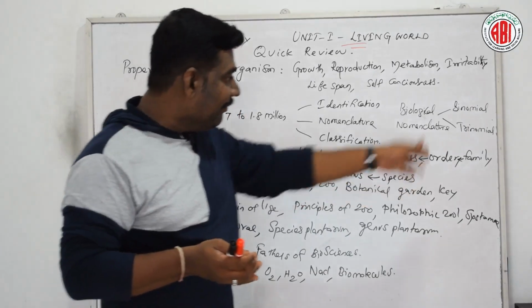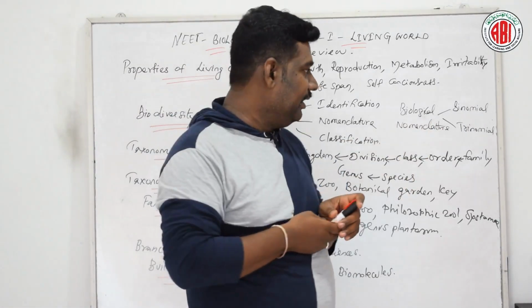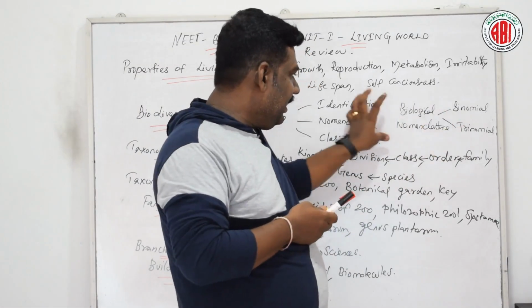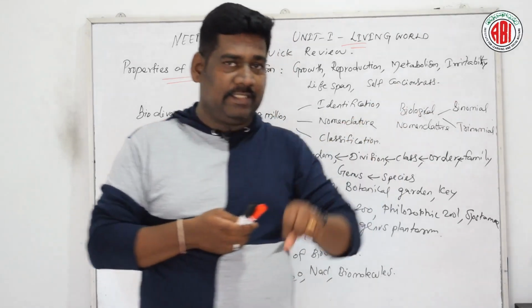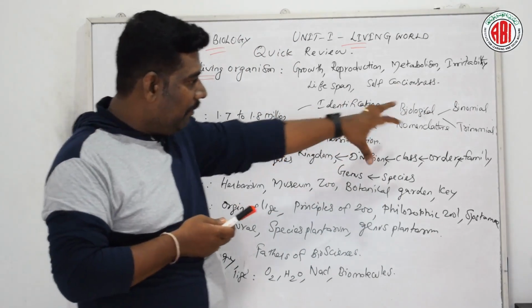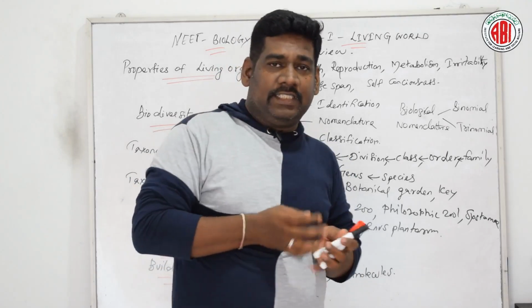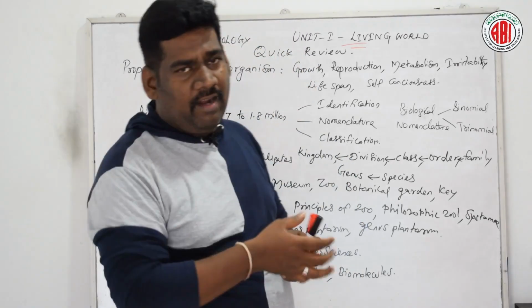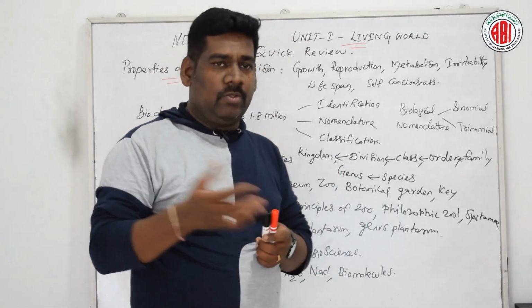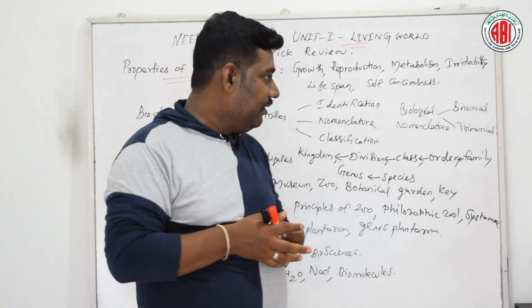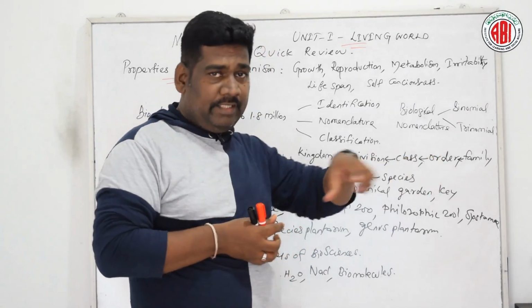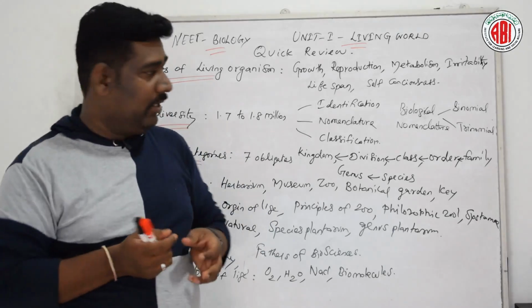When we are talking about systematics and taxonomy, the credit for binomial nomenclature goes to Carolus Linnaeus, who made a lot of effort towards making the universal law of binomial nomenclature.